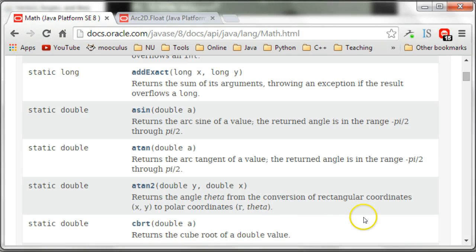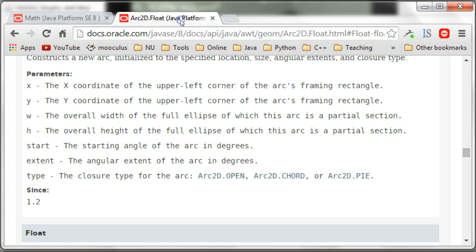But we have a method in the math class that will convert from radians to degrees. So you're going to want a field to store the arc length, however you want to store it, in degrees or in radians. But when you create your arc, this extent is going to have to be in degrees.